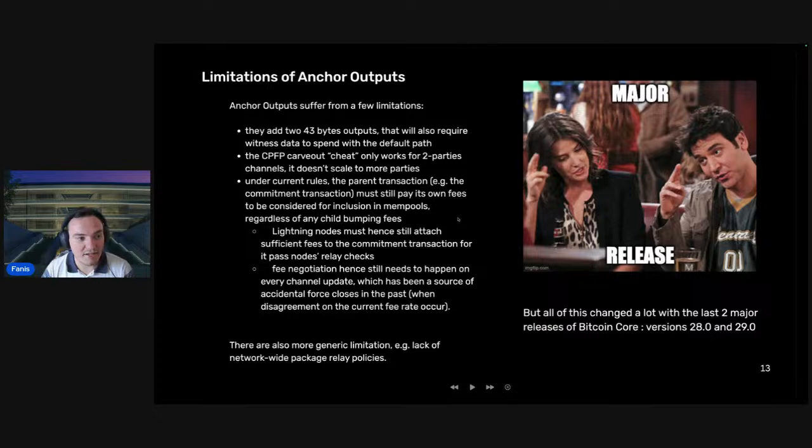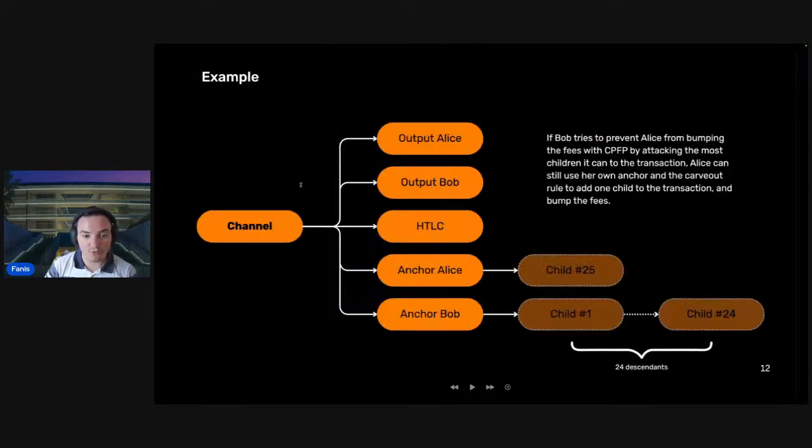Another limitation is that the CPFP carve-out special rule only works for two-party channels, and it doesn't scale to more parties. The rule works for two people because it's quite easy to implement in that context: you just need to say, okay, you can add one additional descendant that is a direct child of the parent transaction.